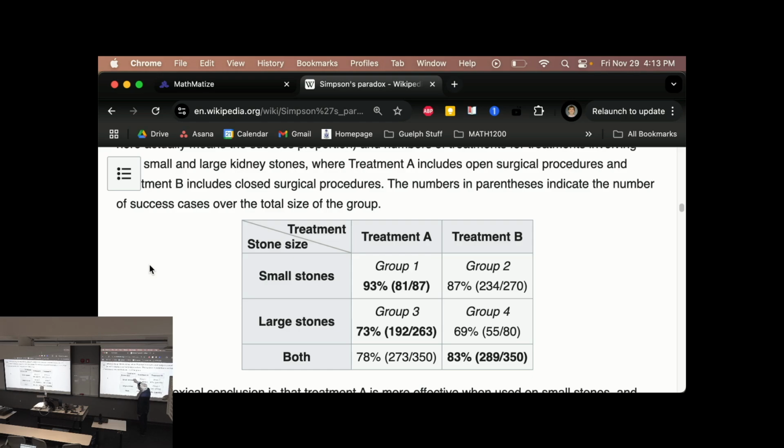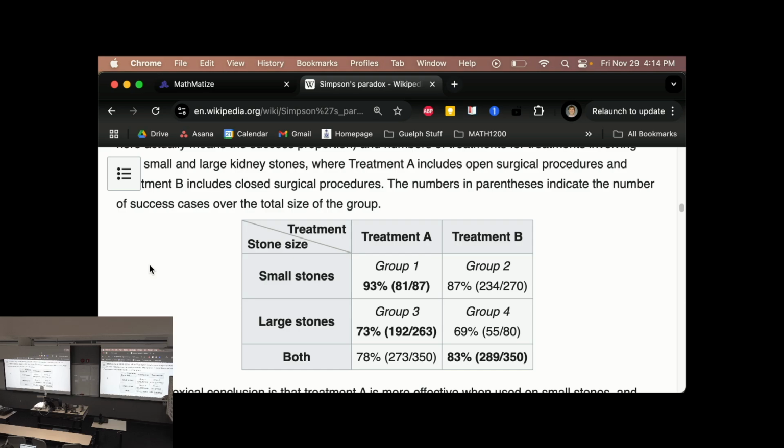When they use treatment A with small stones, they get a successful treatment 93% of the time. But if they use treatment B, you get a successful treatment only 87% of the time. With large stones, treatment A is successful 73% of the time, but treatment B is successful only 69% of the time.